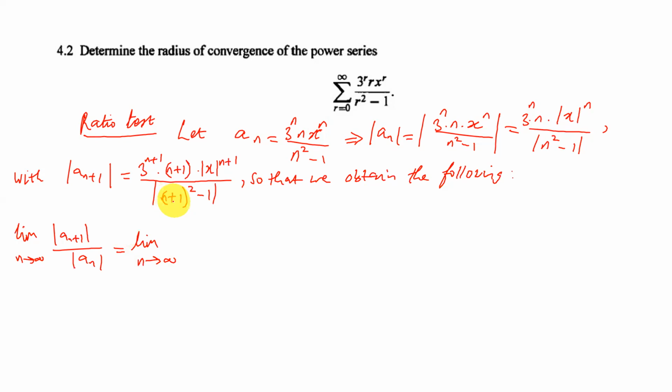Okay, we continue. So this one is going to be exactly 3 to the power n+1 times n+1, and then we have the modulus of x to the power n+1, divided by (n+1) squared minus 1.